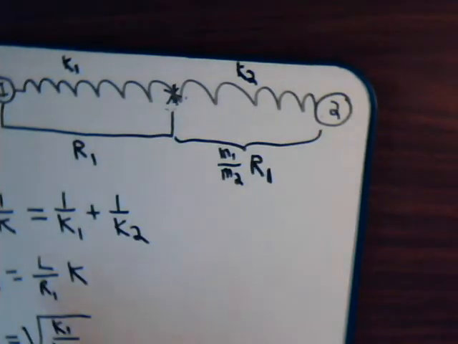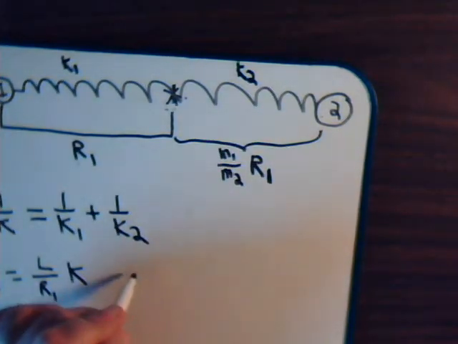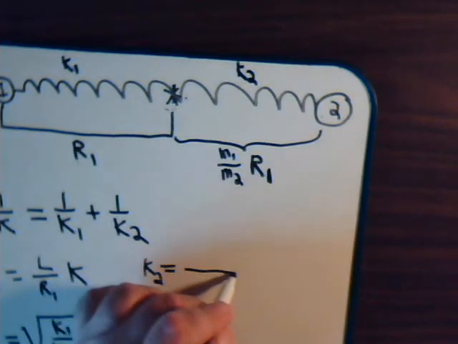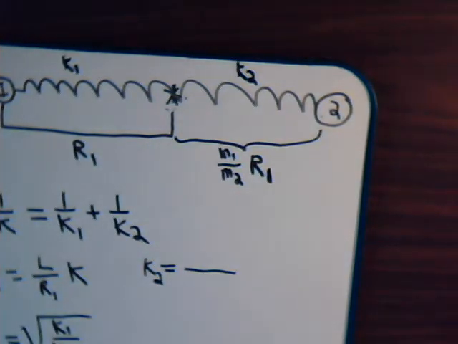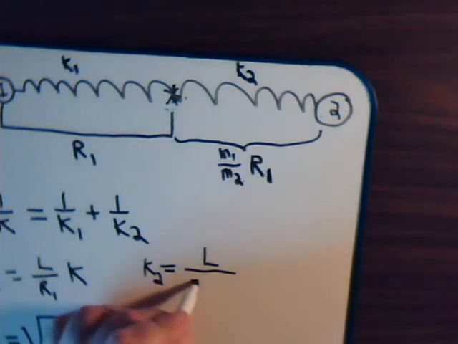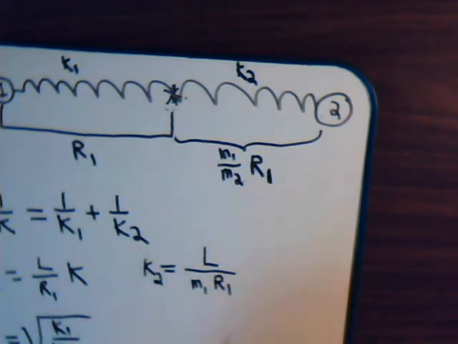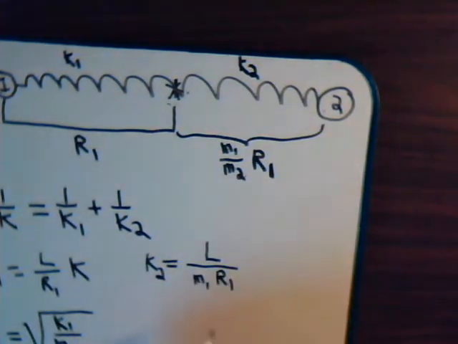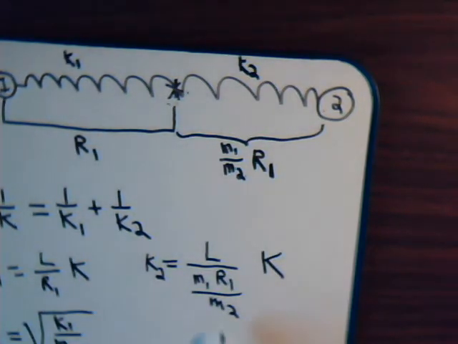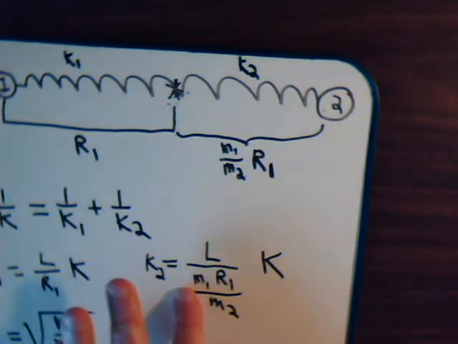So what about the second block? Then we need to determine K2. So likewise, K2 equals the length of the entire spring, capital L, divided by the length of the smaller spring, and that's this: we have M1 times R1 divided by M2, times the spring constant for the entire spring. Or we can take this up into the numerator.